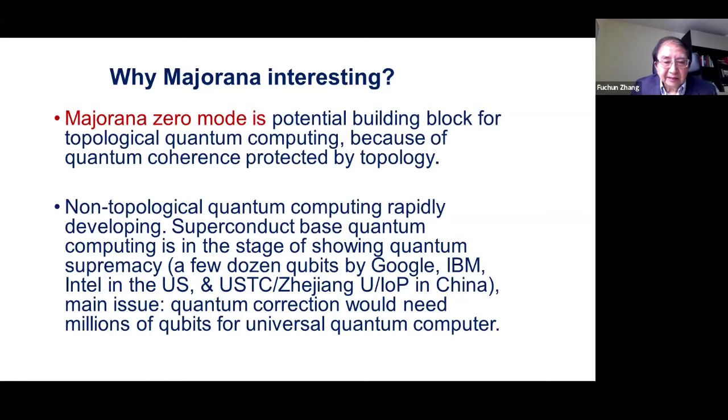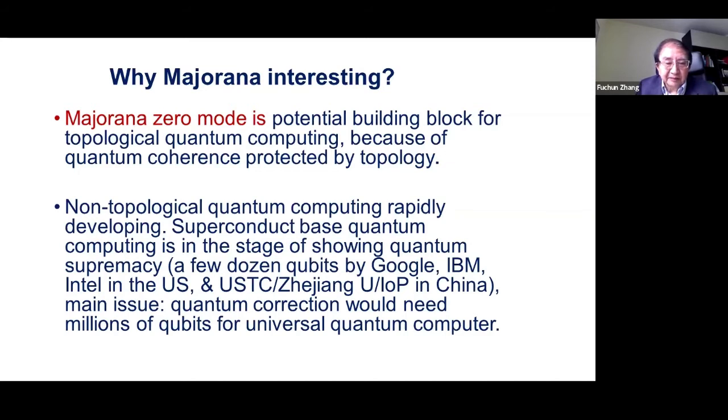So that is, I think, in newspaper, because it can solve some problems which the traditional computer cannot handle or hardly handle. The main issue for the non-topological quantum computing is the quantum correction. The quantum correction could need millions of qubits for a universal quantum computer.